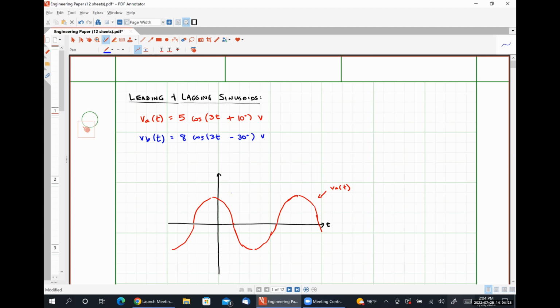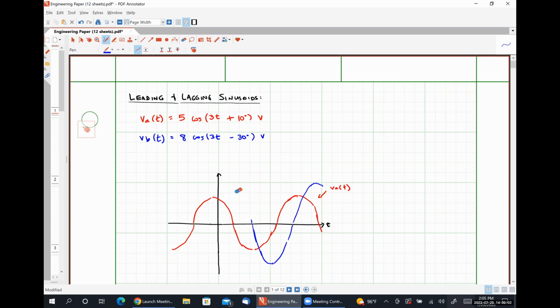So I'm going to call that right here. Oops, I didn't draw this first one tall enough.